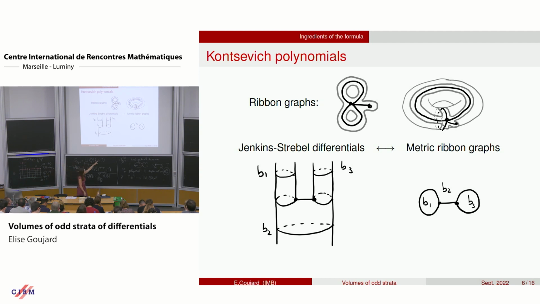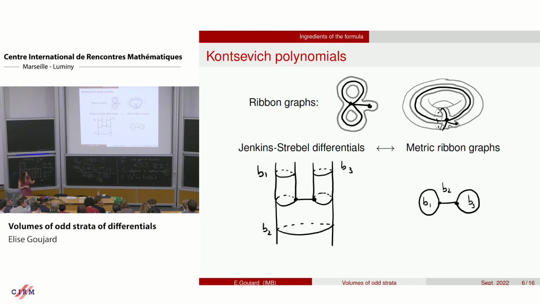If you start from a metric ribbon graph, to construct a Jenkins-Strebel differential, you can just glue infinite flat Euclidean cylinders to the faces of this graph, like in the picture here. This gives you a Jenkins-Strebel quadratic differential.